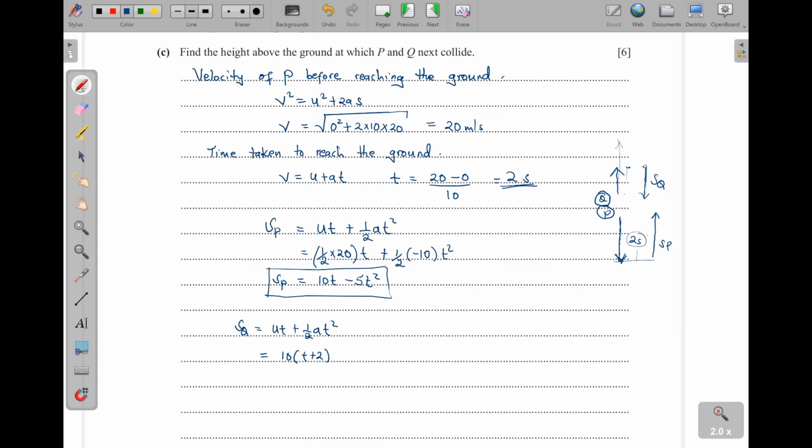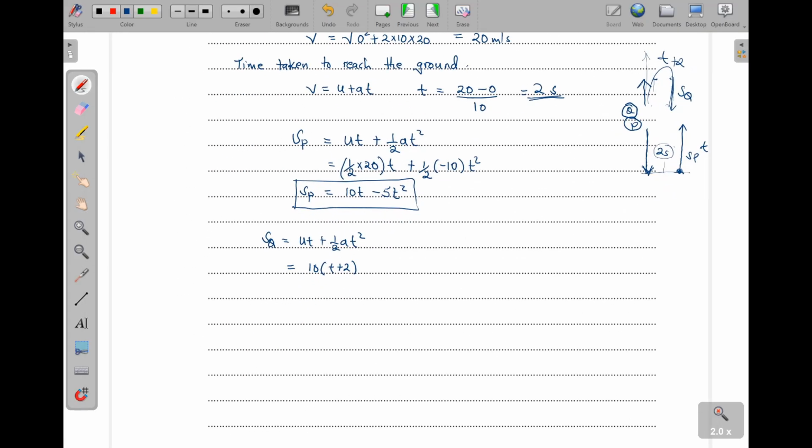Now, we are looking at from the ground here as P is going up. As it takes t seconds to move up, Q is in motion for that t, then plus the 2. You see that? All right. Then we are going to have now t plus 2, then plus a half, then negative 10.